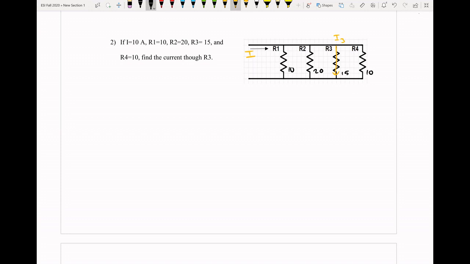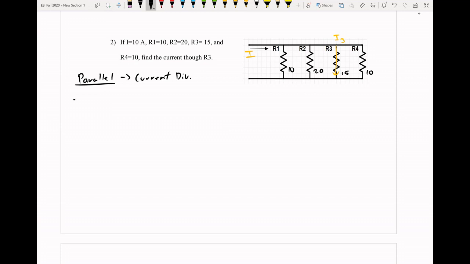Looking at this, let's say that all these are in parallel. And since we're splitting up current, this leads us to do a current division.